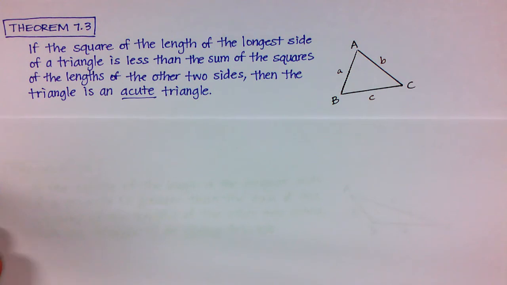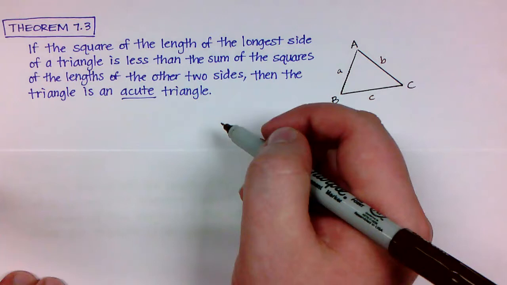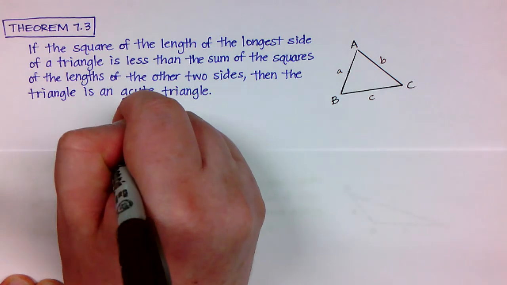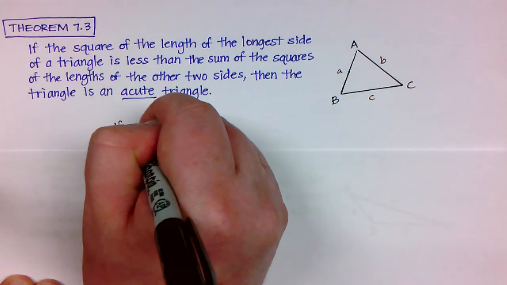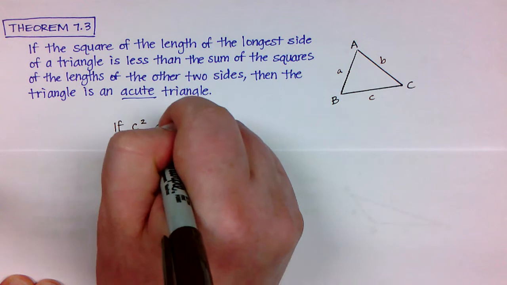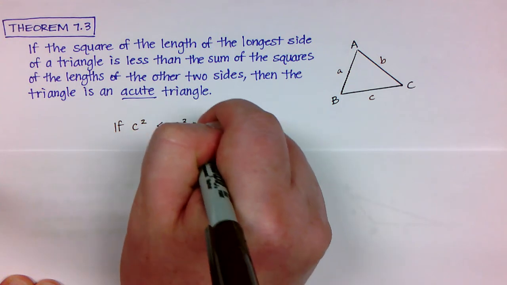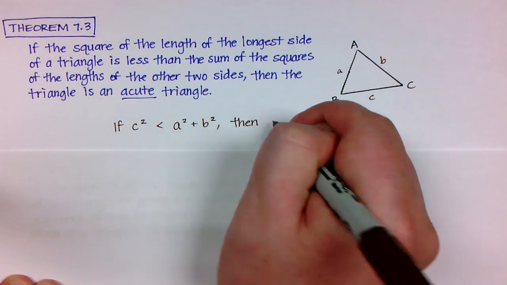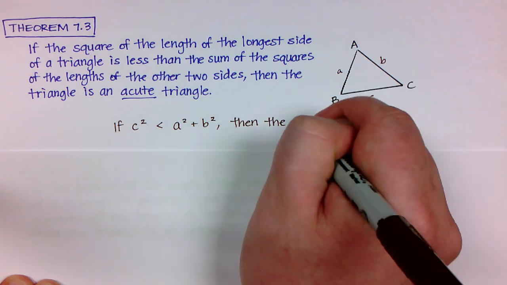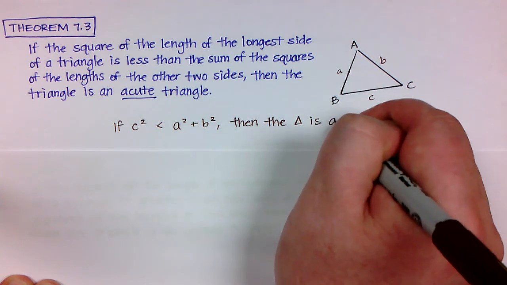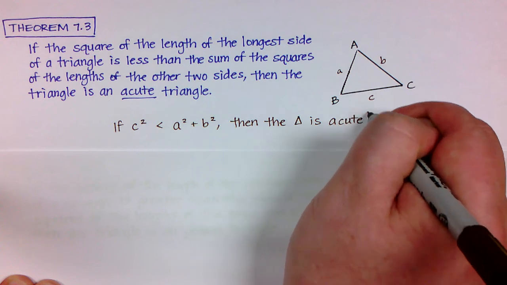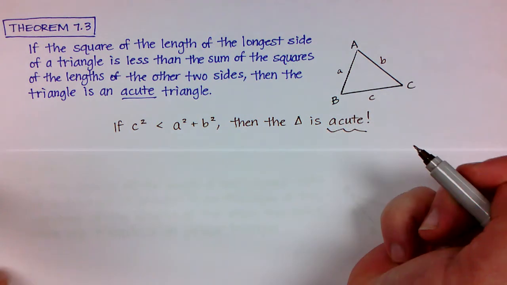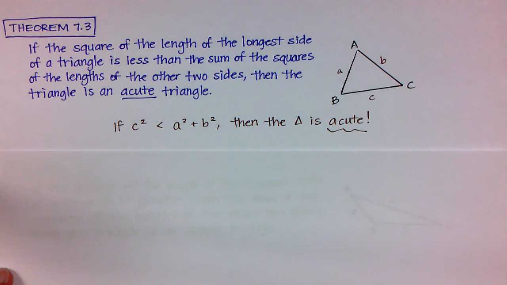Okay, so this is where the Pythagorean theorem does not hold true, and basically what it's saying in this case is if c squared is less than a squared plus b squared, then the triangle is acute. Okay, so that's kind of cool to know.